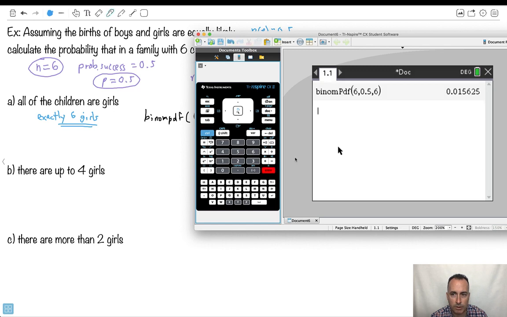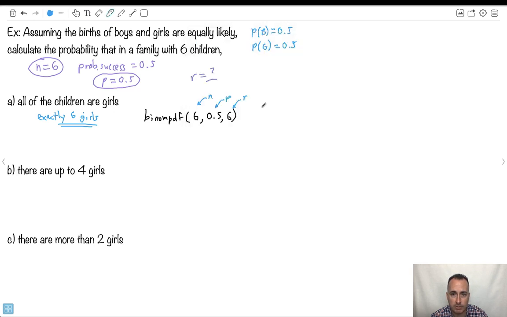So I say go, and I get 0.0156. This will be my answer. This is my probability. Does that make sense? It's not all that likely. It's only 1.5% or 1.6% likely to get all 6 girls. Hopefully that makes sense. It's not terribly likely to have 6 girls. You have to have no boys at all.